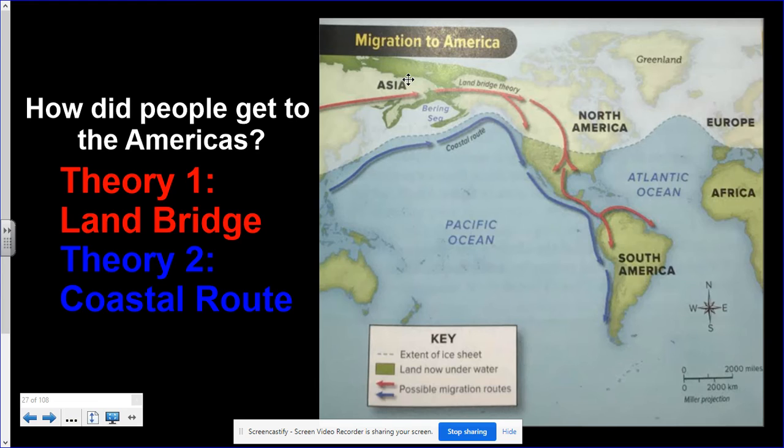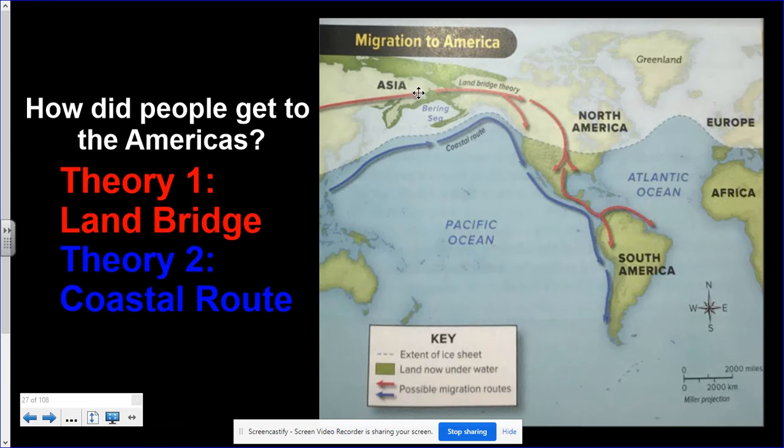In any case, theory one is saying that these early humans traveled from Asia, like Northeast Asia, and they were following herds of animals. So unknowingly, right? They didn't do this knowingly.